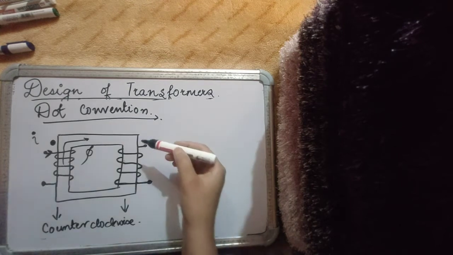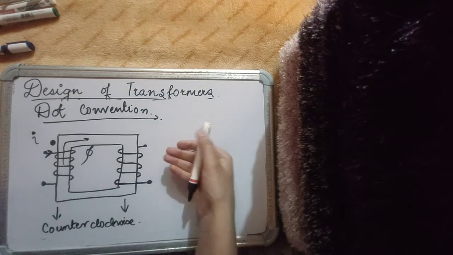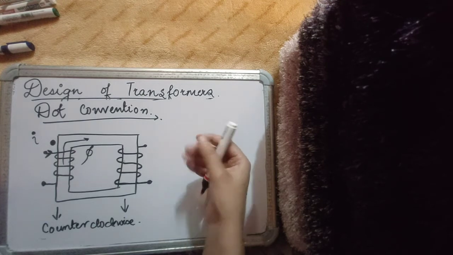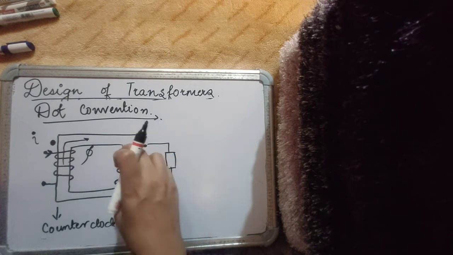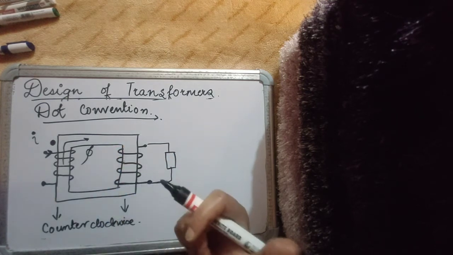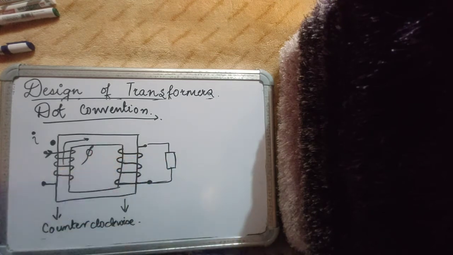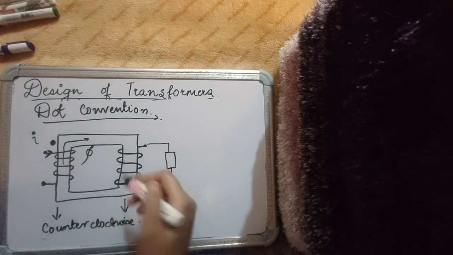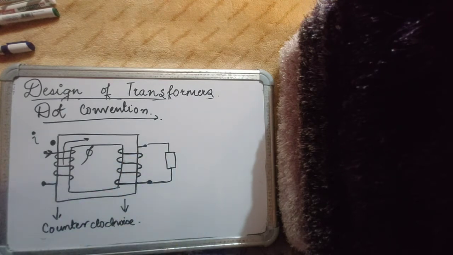Now if I look on the secondary side, then my current has to flow. If of course a load is connected on the secondary, then some EMF will be induced in this winding in such a way that current will flow so that it will oppose this flux, because from Lenz's law it will simply try to oppose whatever is the cause of change in flux.